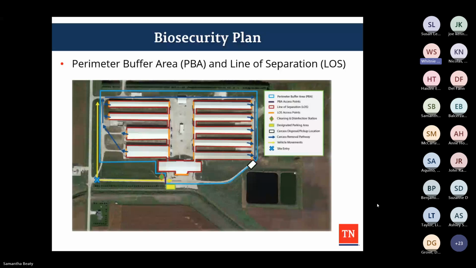And again, on that biosecurity website that we have the links to, it also has resources for how to create or develop a map just like this. You can go to the next slide.